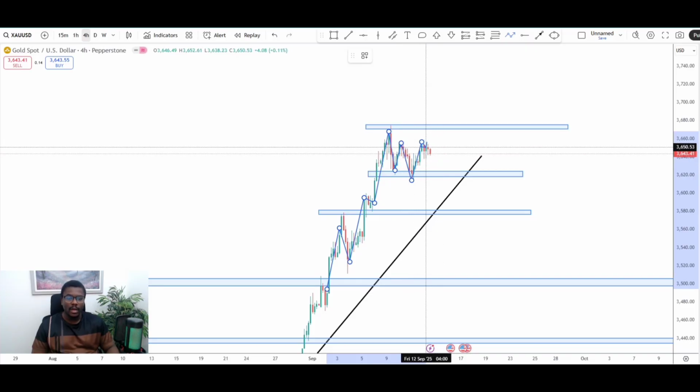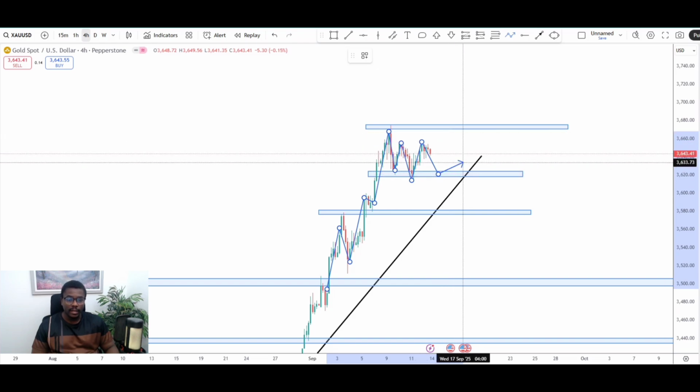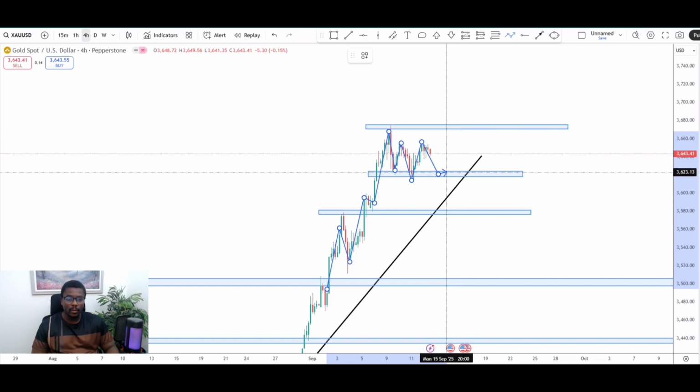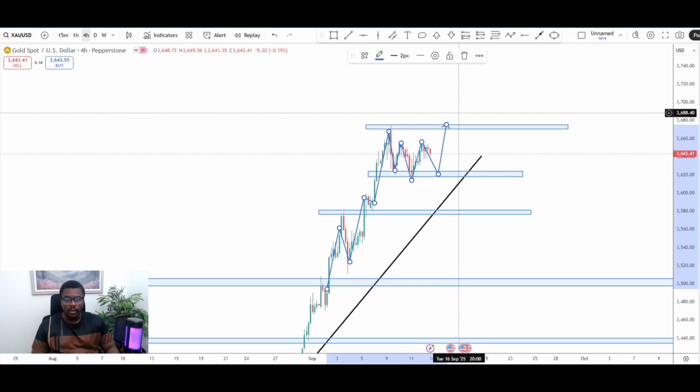So I'm expecting that price might come all the way down here again to touch this area, and we'll see how price reacts to this area again, if it does continue to the downside, or if price will keep on ranging until it gets to this trend line and the support area, or bounce off the support area to the upside.